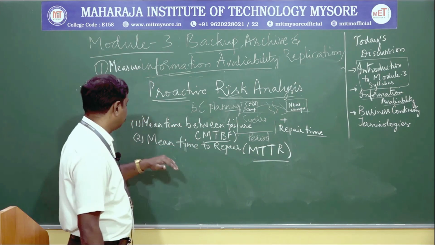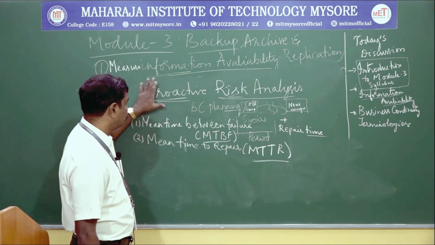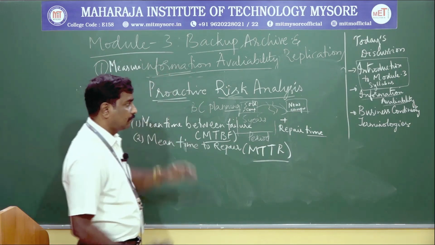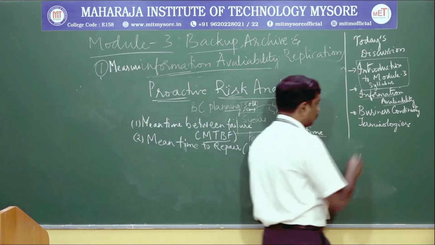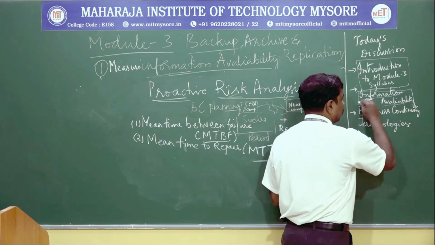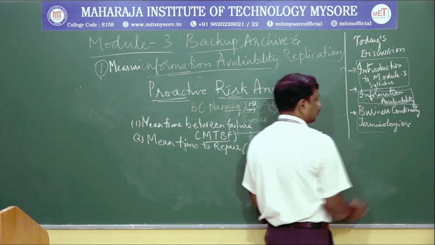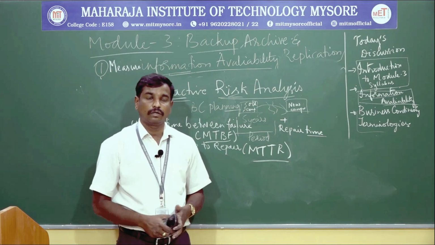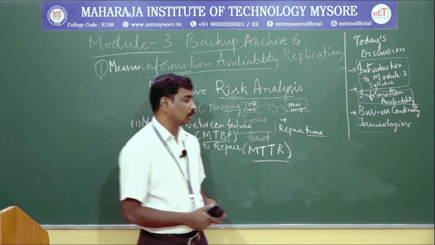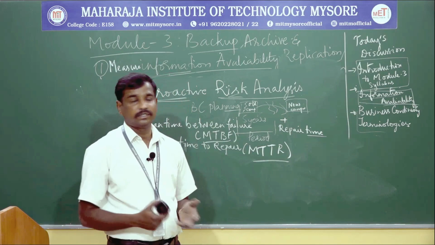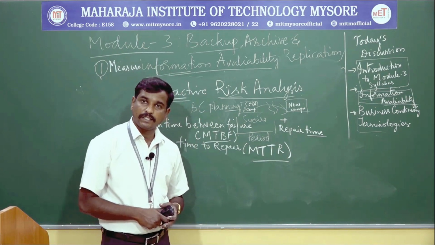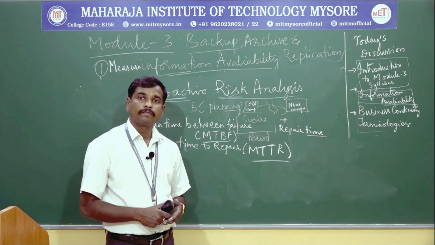These are the two parameters we have come across along with information availability. Next we will discuss business continuity in the next session. Today we have discussed the syllabus of the third module, which is nothing but business continuity.